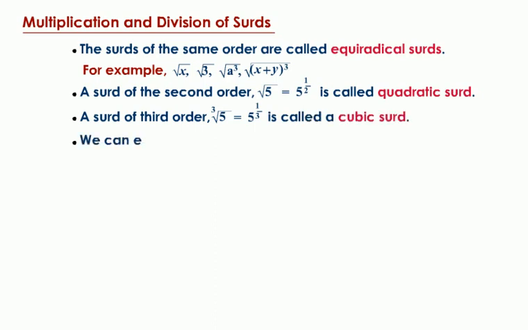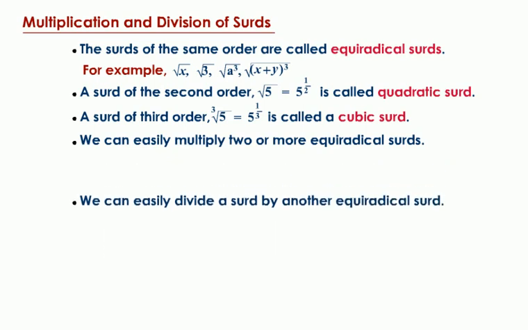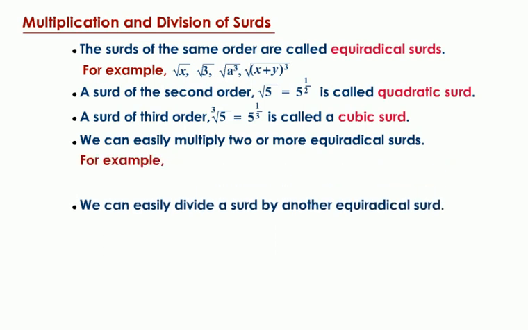We can easily multiply two or more equiradical surds. Similarly, we can easily divide a surd by another equiradical surd. For example, √A into √B is equal to √AB.